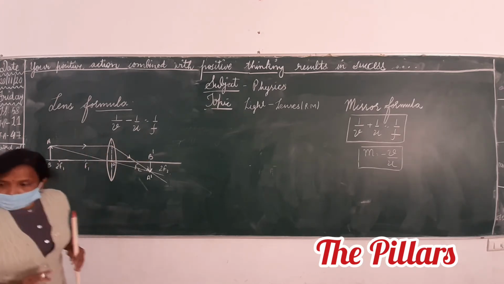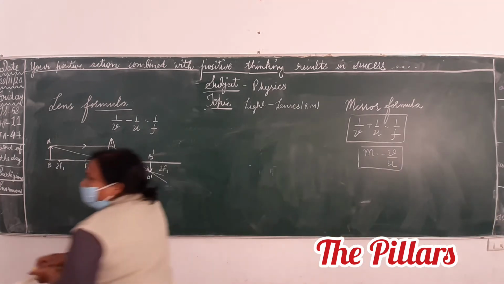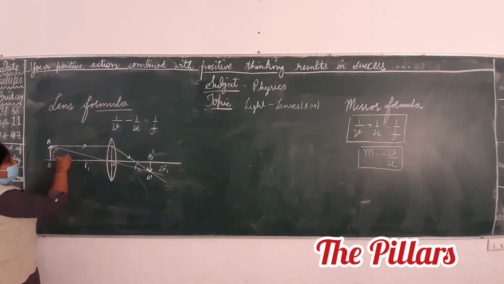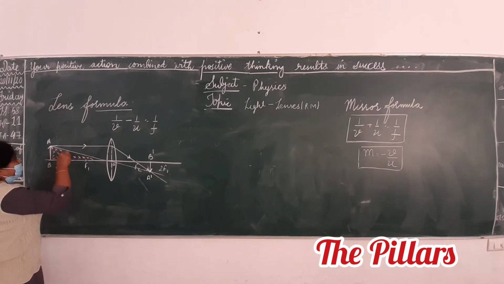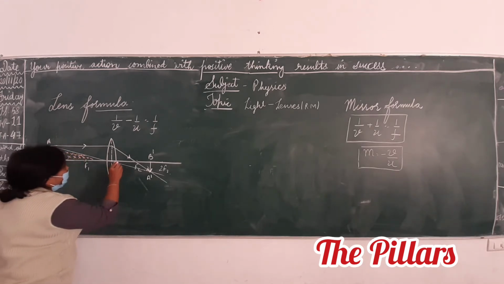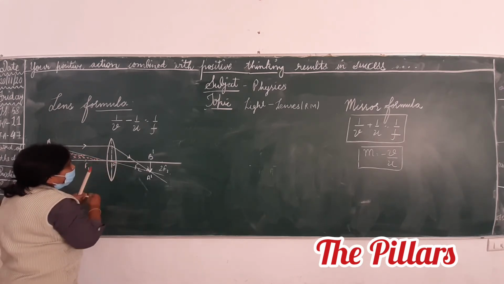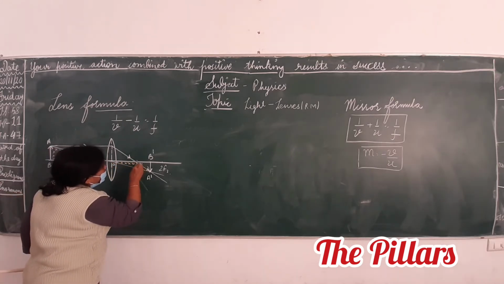Now look here. You write in your copy, children. Before writing, just check: triangle ABO and triangle OB dash A dash.